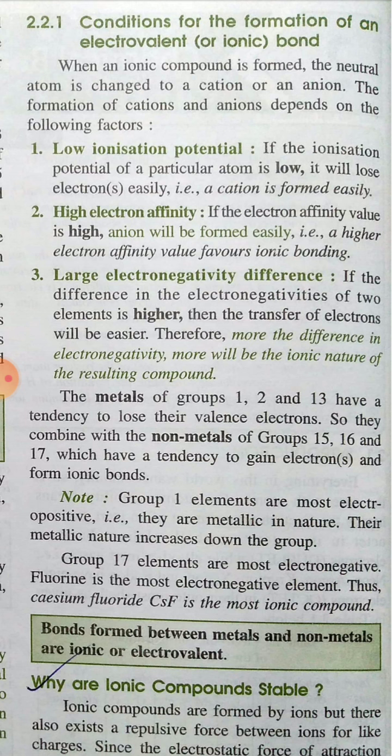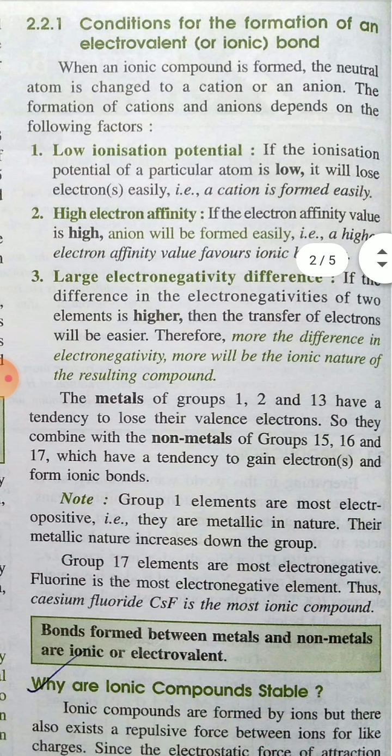Third point, large electronegativity difference. We know that group 1 and 2 metals are electropositive elements, and group 15, 16, 17 elements are electronegative elements. That is, there is a high electronegativity gap between metals and non-metals. The larger the difference between the electronegativity of two components, the greater is the stability of the ionic bond formed.